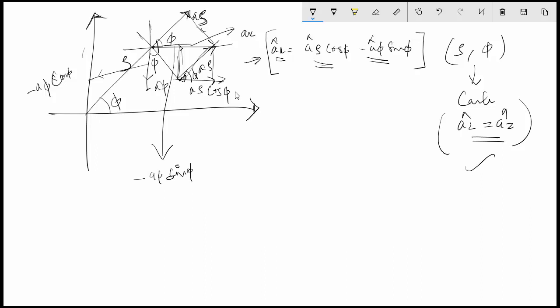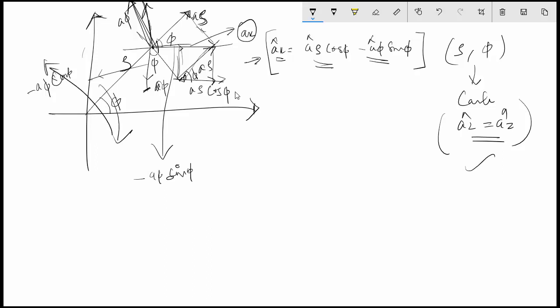This total distance is my ax, which I need to find. So at 90 degrees with a rho will be my a phi.